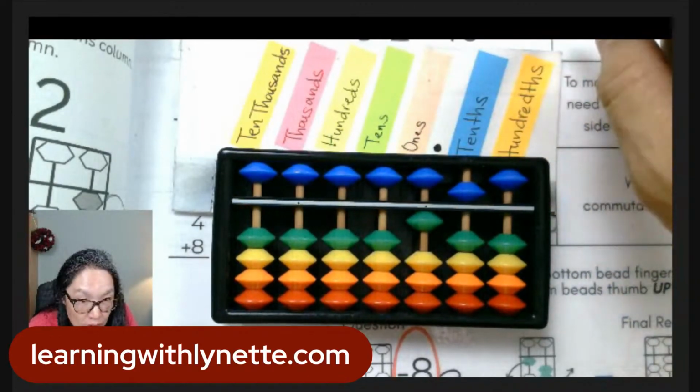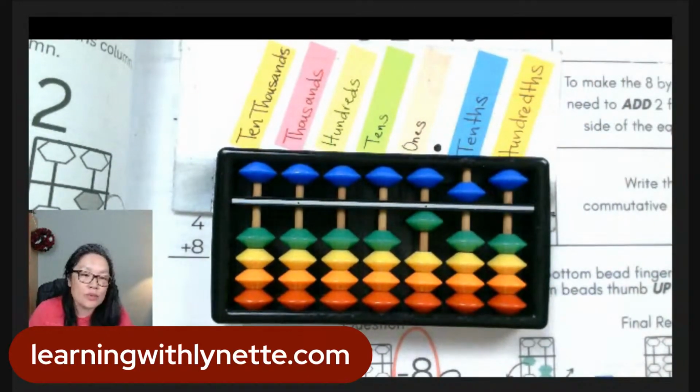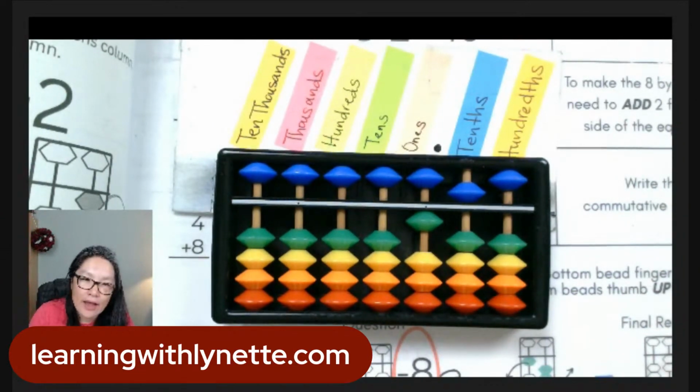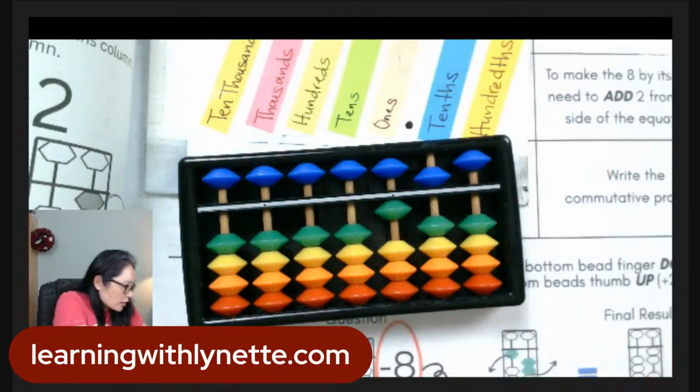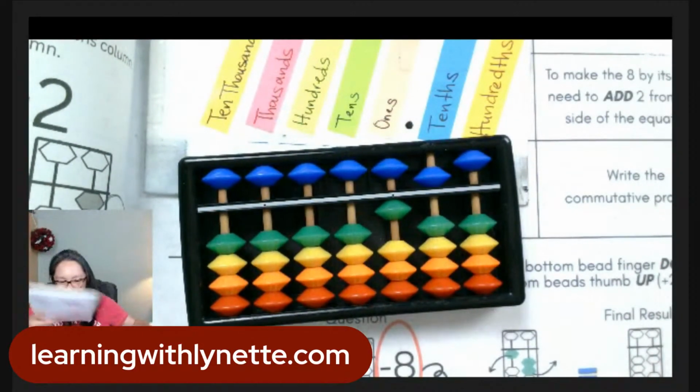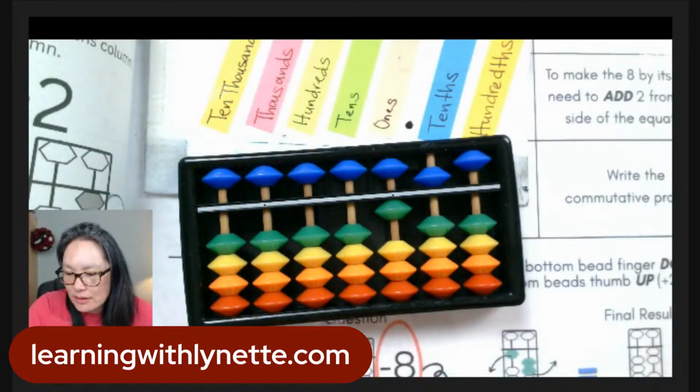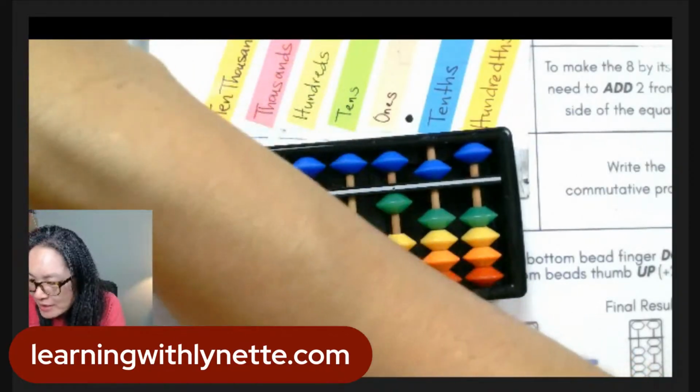All the abacus I have have columns. There are some abacus that are not column. They have rows, right? That's a reckon rek.